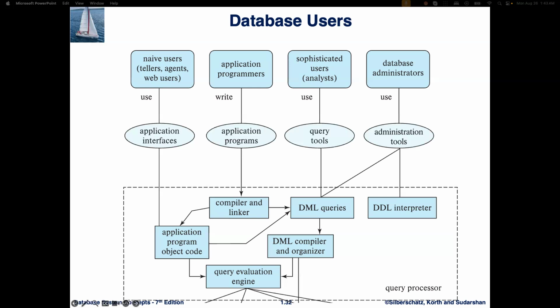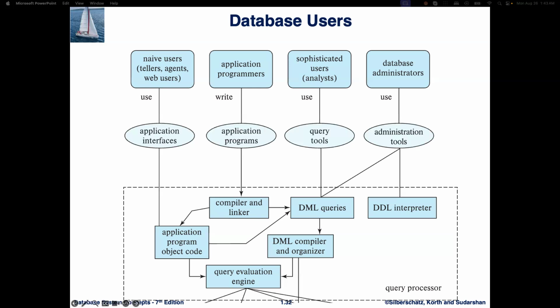Query tools are used by sophisticated users to construct and run complex queries directly. These tools communicate with the DML compiler and organizer to process data manipulation language, or DML, queries. And finally, the administration tool. Utilized by the DBA, this tool interfaces with the DDL interpreter to manage the database schema and maintain database structure.